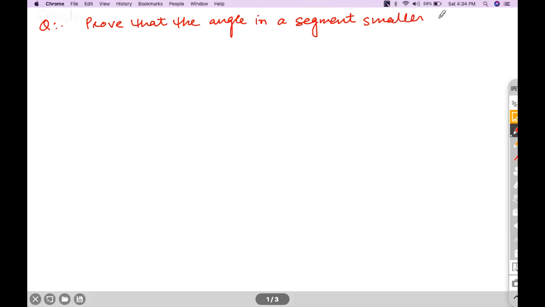And another question is, prove that the angle in a segment smaller than a semicircle is greater than a right angle.